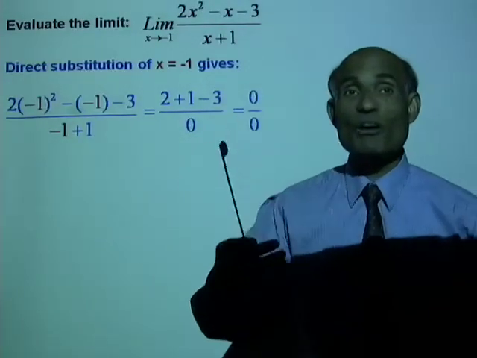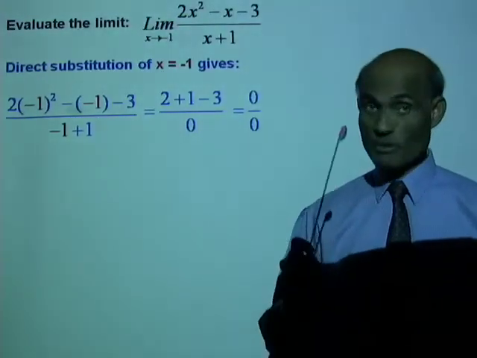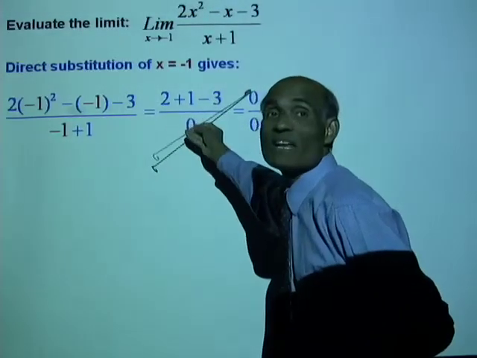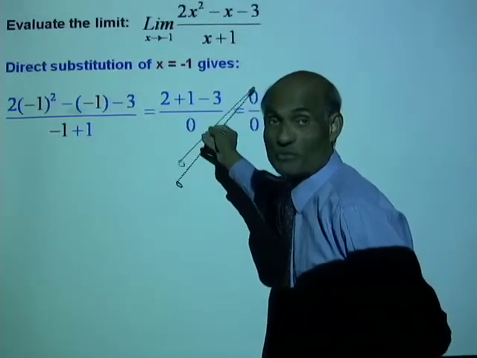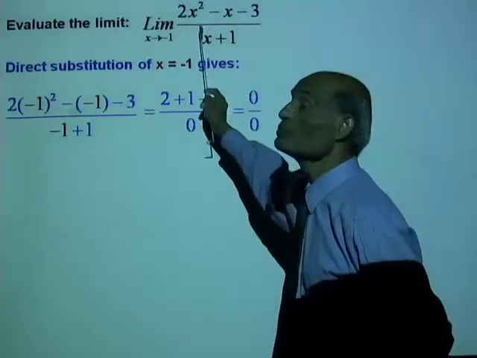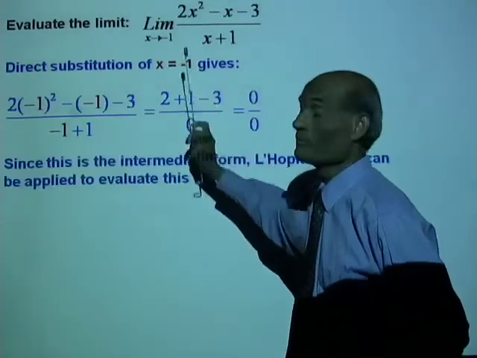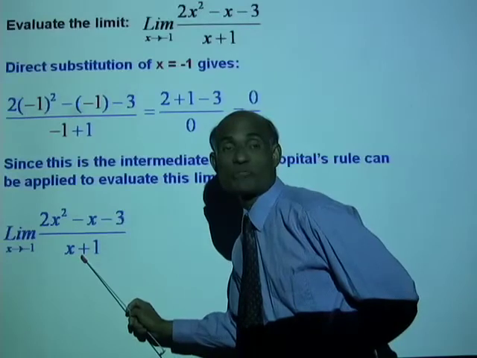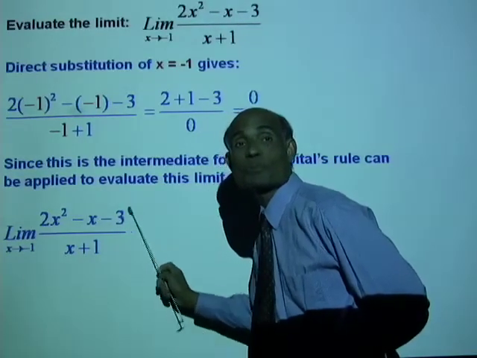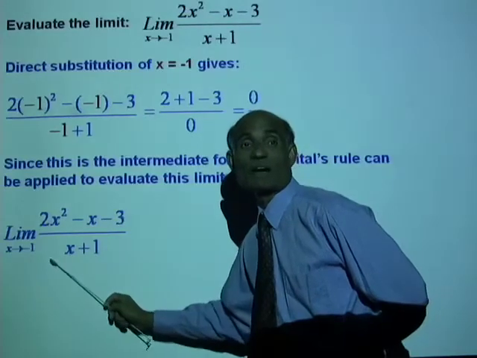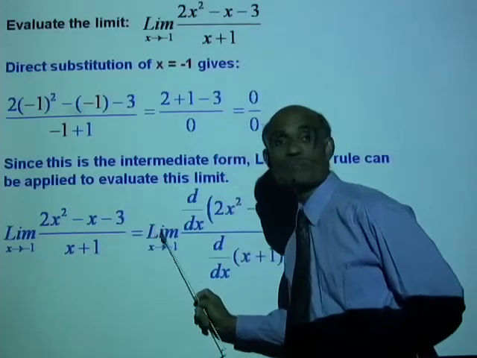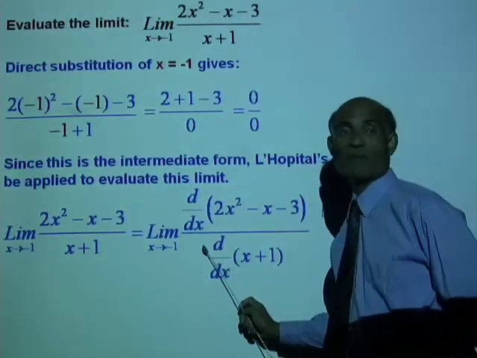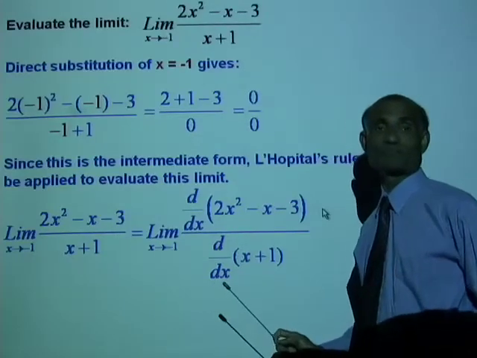Therefore, this is of the indeterminate form. Remember, you can use L'Hopital's rule only if the limit yields the indeterminate form. Since this is the indeterminate form, we can now use L'Hopital's rule. The limit as x approaches c of f of x divided by g of x is the same as the limit as x approaches c of f prime of x divided by g prime of x. So that will be the limit as x approaches negative 1 of the derivative of the numerator divided by the derivative of the denominator.